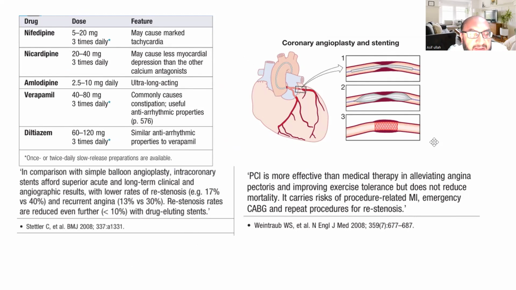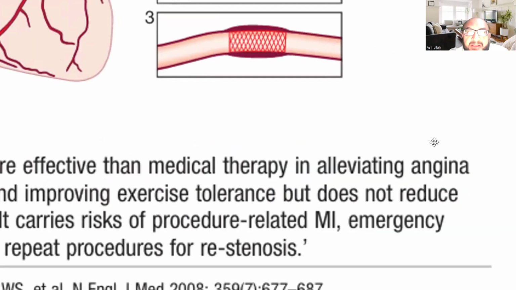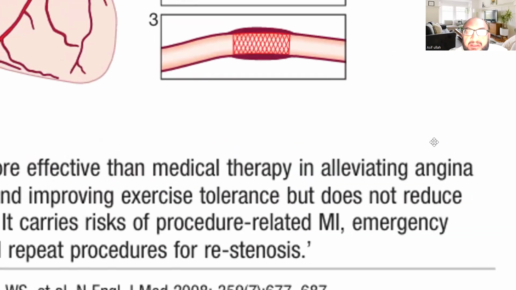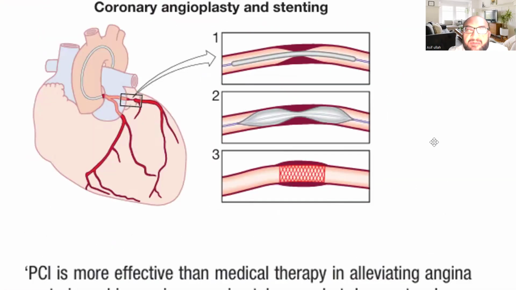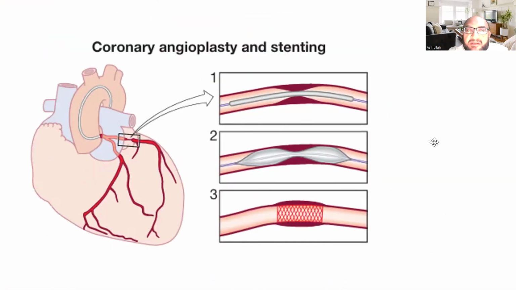Restenosis rates are reduced even further, less than 10%, when a drug-eluting stent is used. As shown in this diagram, there is a stent in place. Until step 2, there is angioplasty.